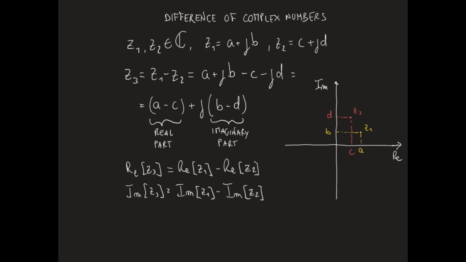The point resulting from the difference between z1 and z2 will have coordinates a minus c and b minus d.